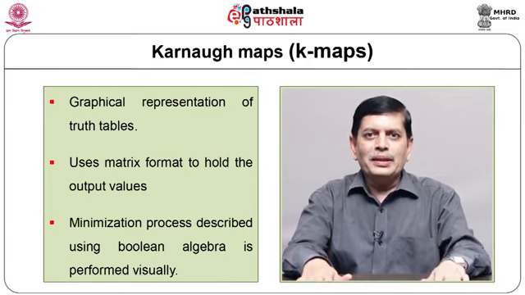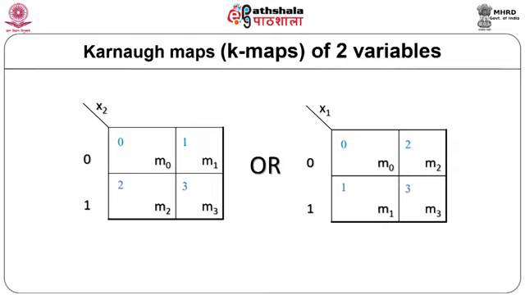If a min term is present in the function, then a 1 is placed in the corresponding cell. Any 2 adjacent cells in the map differ by only 1 variable, which appears complemented in one cell and uncomplemented in the other one. Now, here we have indicated the K-map of 2 variables where x1 is taken as row, one can even take x1 as column. So, both the versions are allowed.